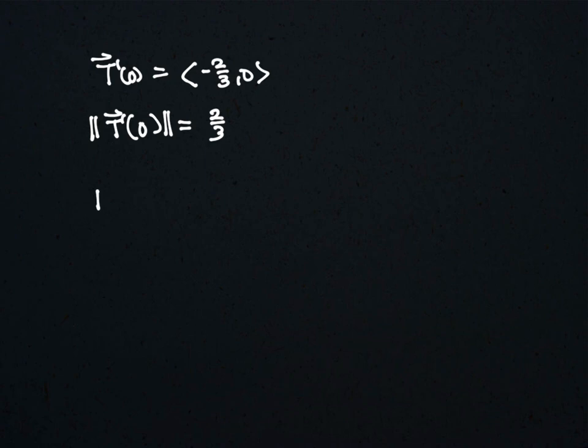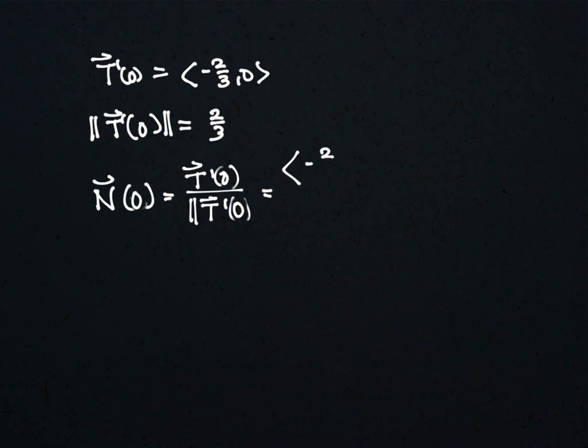And then if I want to find the normal vector, which is what I'm looking for, it will be that t prime vector divided by its magnitude. All of this shouldn't be at t, it should be at 0. My apologies. There we go. And that is our vector negative 2/3, 0, divided by 2/3, which gives us what?